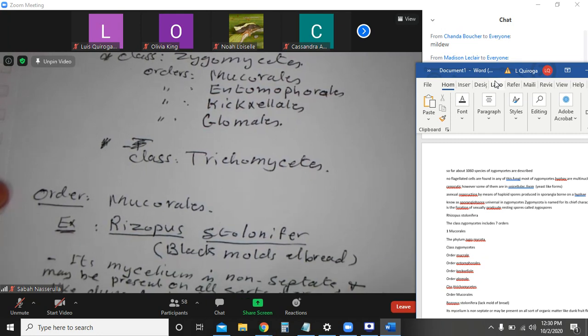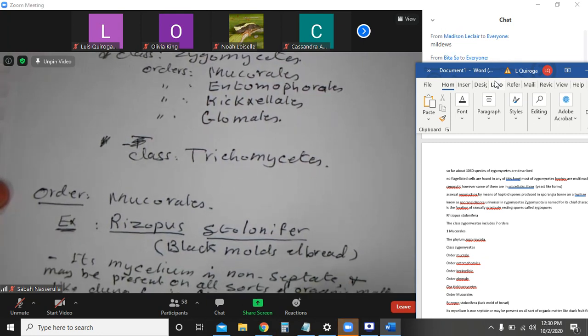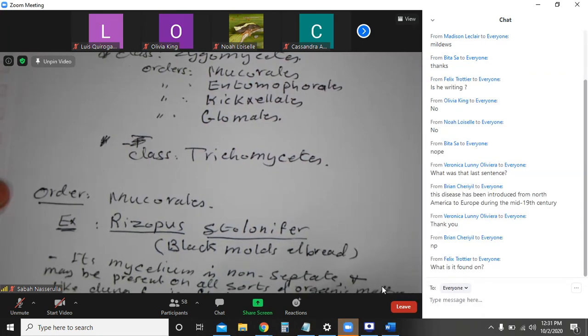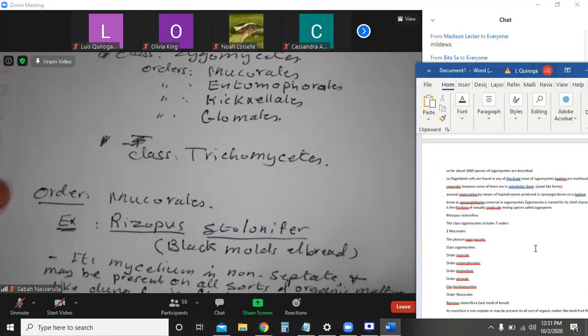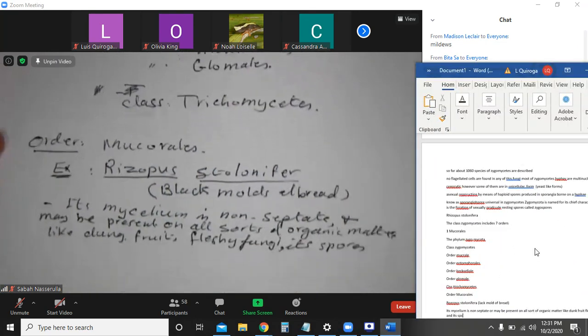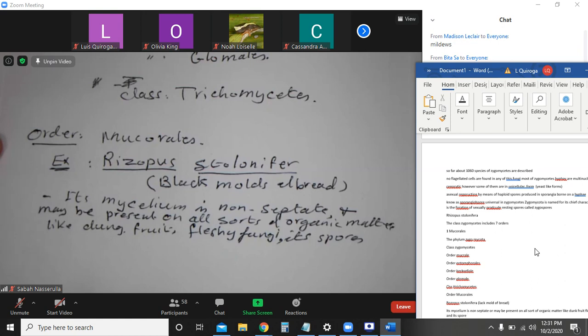And as I mentioned, its spores are almost always present in the atmosphere.